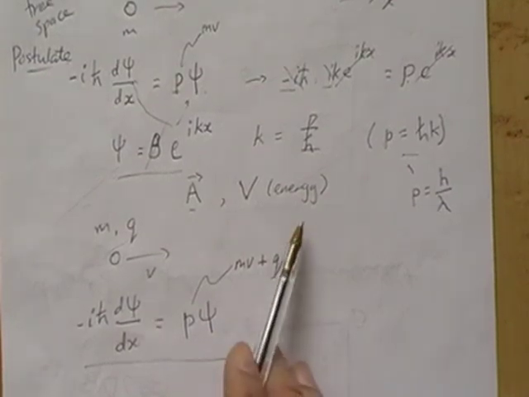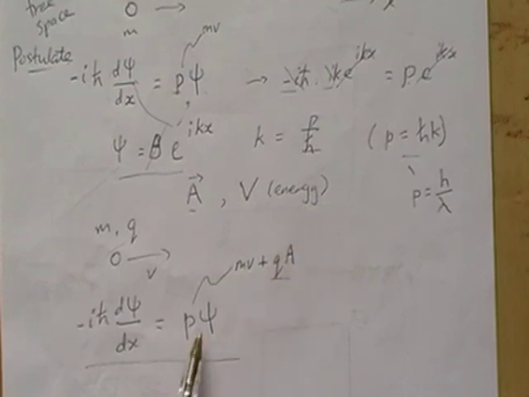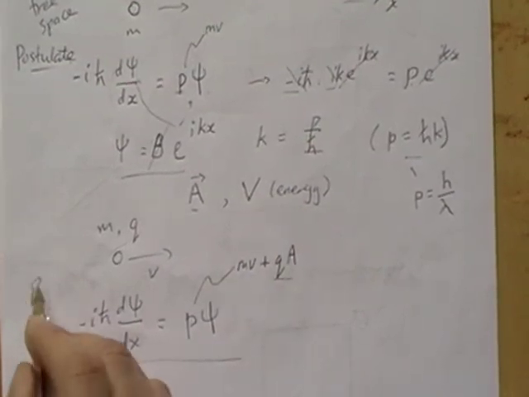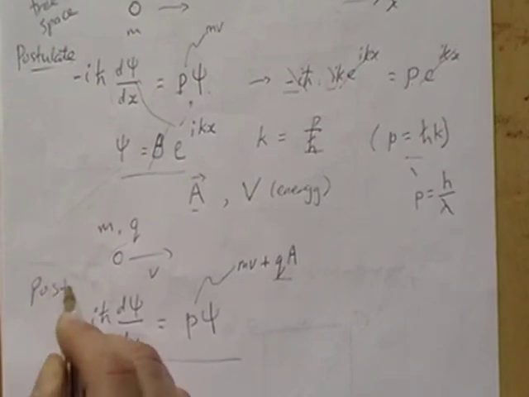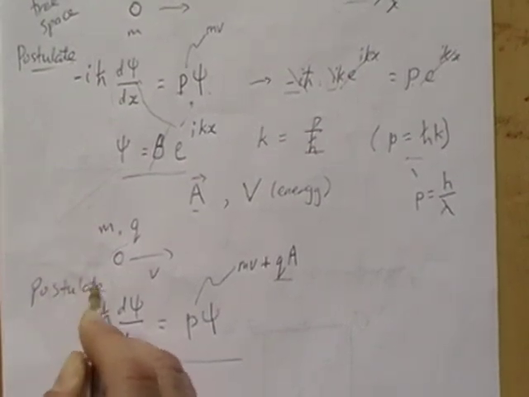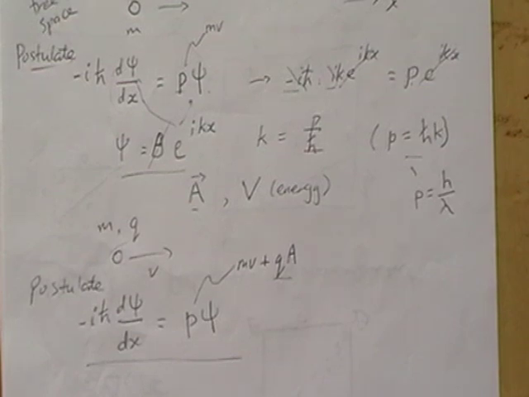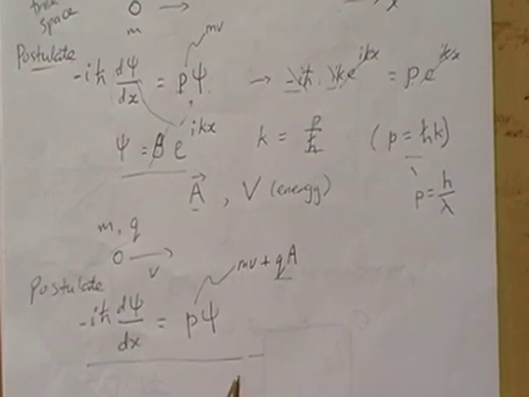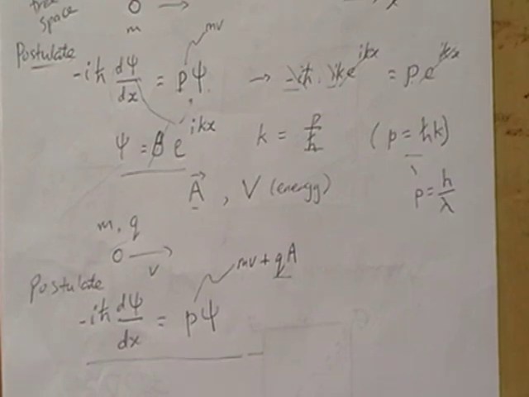The need to add this just seems to be a logical thing to do, and this in itself is in fact another postulate in quantum mechanics. Another postulate that works. So we are going to see how to apply this postulate to Meissner's effect in the next video.